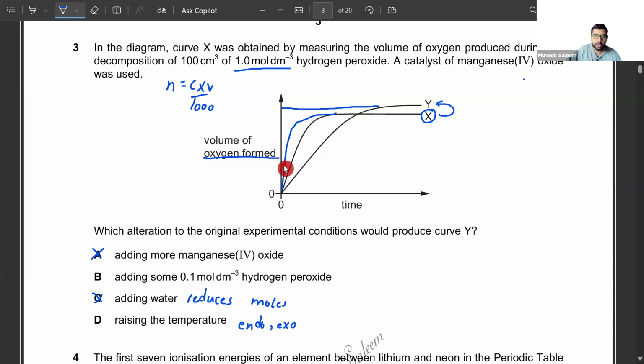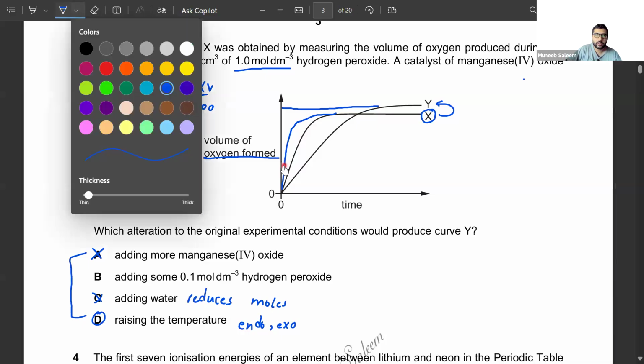The rate of the reaction increases by increasing the temperature, and that again has the same effect on the graph as explained for adding manganese peroxide. So increasing temperature and adding more catalyst will have the same effect. So it will not be the reason.